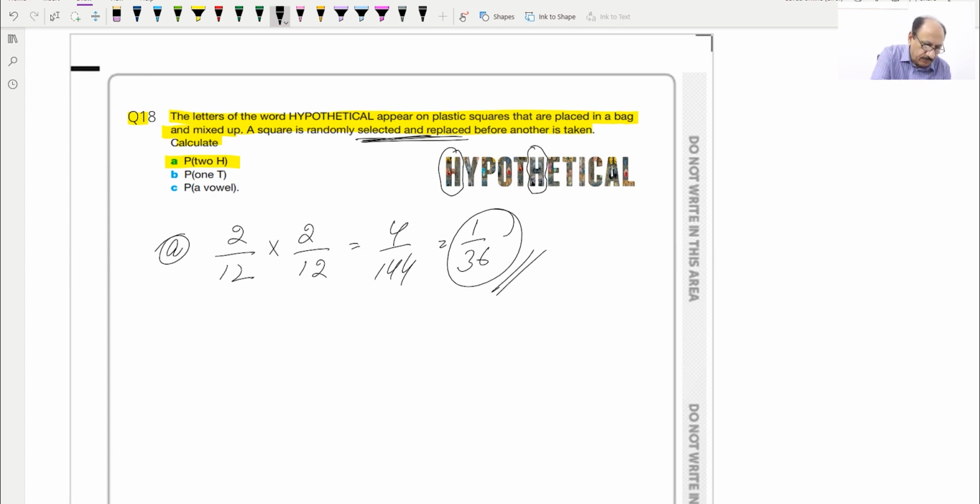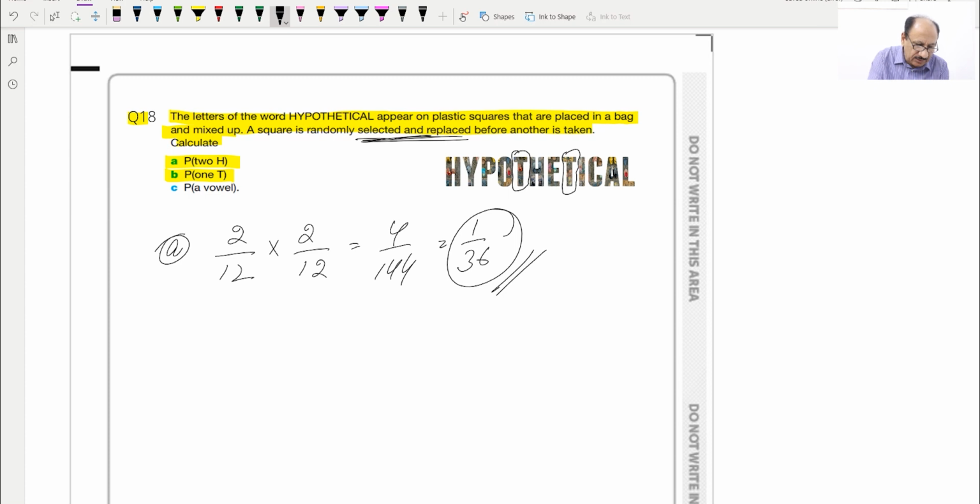Now for B part, B part says probability of 1 tail, 1t, sorry, not tail, 1t. So we will be taking t. T is here. Basically head and tail are there in probability questions, so that's why I was confusing. So this is t. There are 2 t's in this one out of 12.